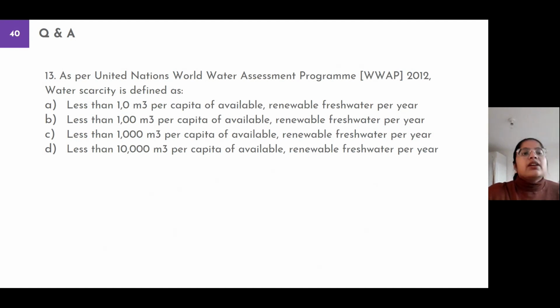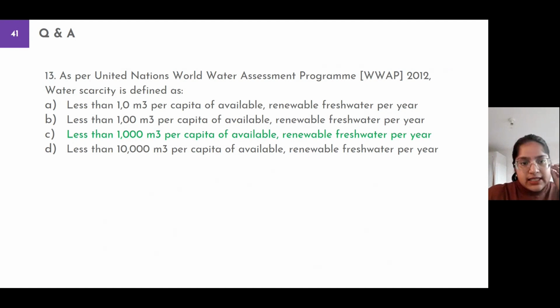Moving on to question 13, which is as per United Nations World Water Assessment Programme, WWAP 2012, water scarcity is defined as A, less than 10 meter cube per capita of available renewable fresh water per year, B, less than 100 meter cube per capita of available renewable fresh water per year, C, less than 1,000 meter cube per capita of available renewable fresh water per year, and D, less than 10,000 meter cube per capita of available renewable fresh water per year.